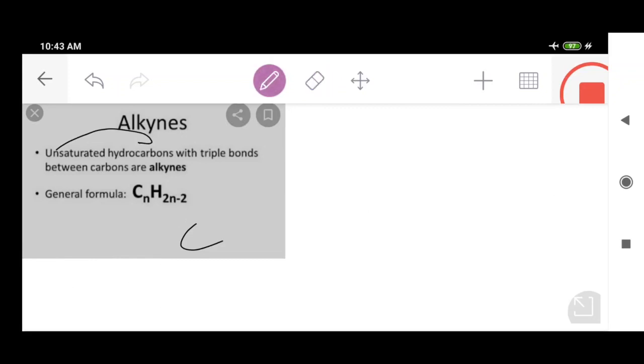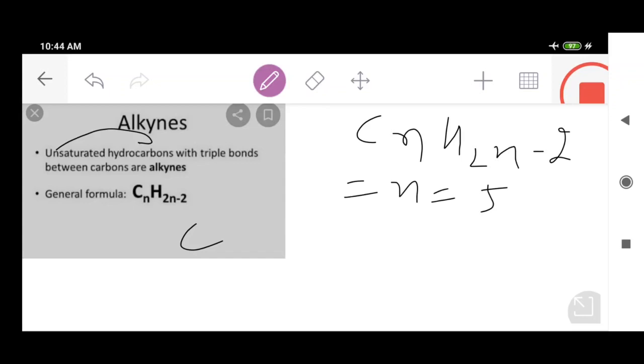Let's discuss another member. CnH2n-2. Now put the value of n equal to 5. That means if an alkyne has 5 carbon atoms in its molecule, then n equals 5, and its molecular formula will be C5H2 into 5 minus 2.